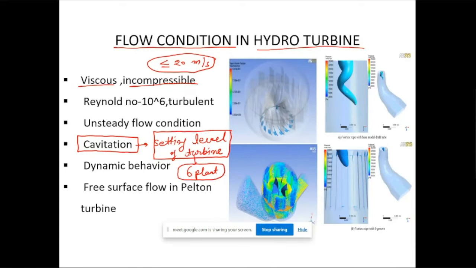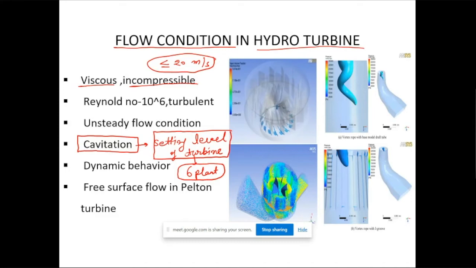Sigma is basically a function of net head, vapor pressure, and the suction head. So your sigma should be more than the critical sigma. And once your sigma is more than the critical sigma, you are away from the cavitation condition.